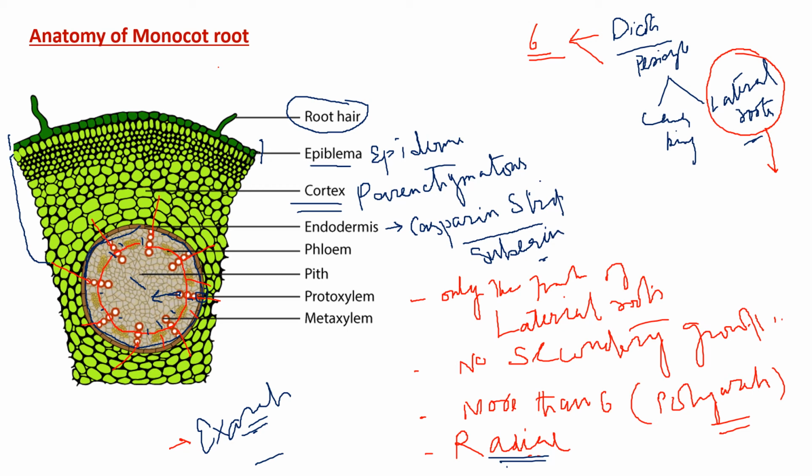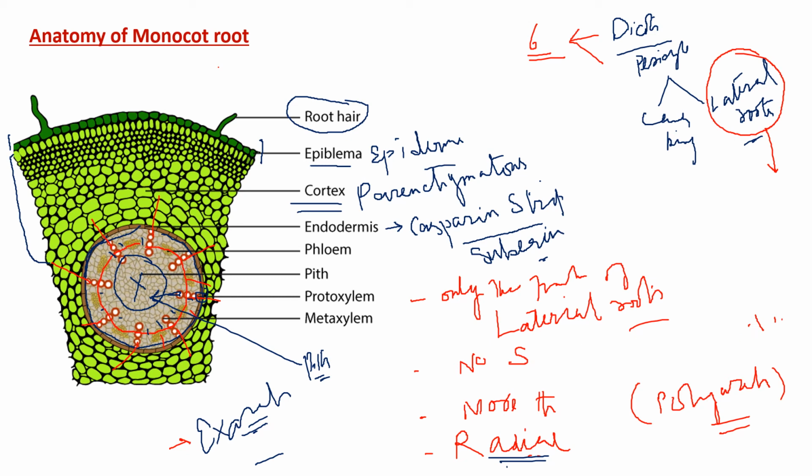The center of a monocot root is occupied by a large section of parenchymatous cells, known as pith. This pith is well developed in case of monocot root, while it is less developed in case of the dicot root.